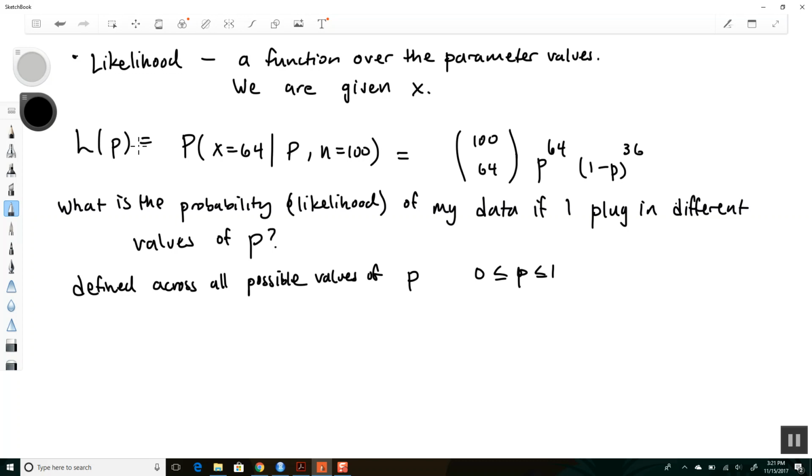And so p is continuous, and we can vary p on a continuous basis on the interval 0 to 1, whereas x had to be whole numbers between 0 and 100. And the integral of the likelihood function of p over all values of p does not have to equal 1. That's not as important.